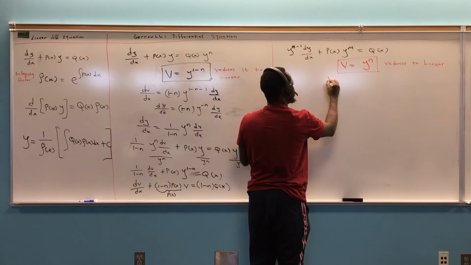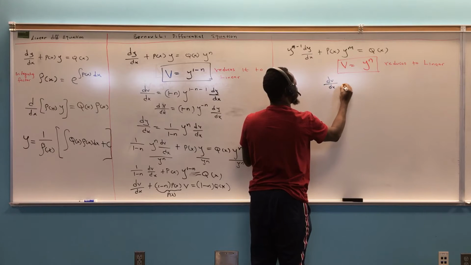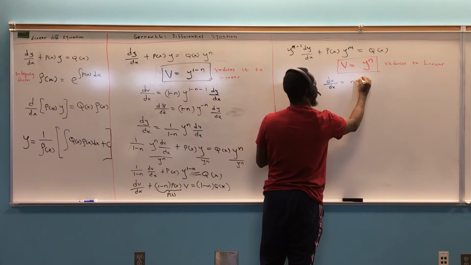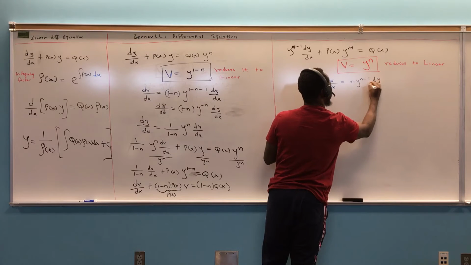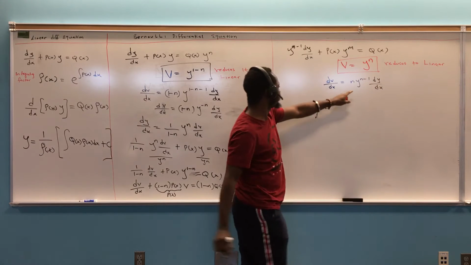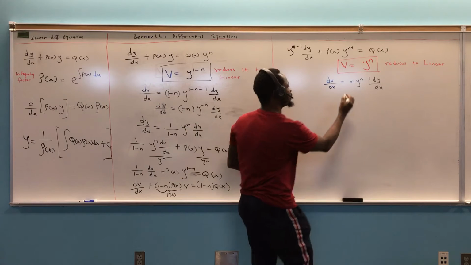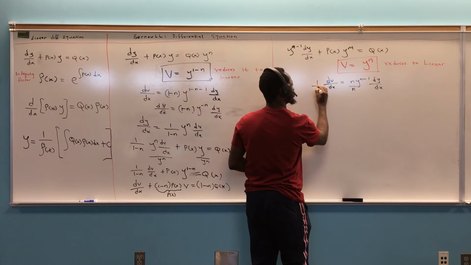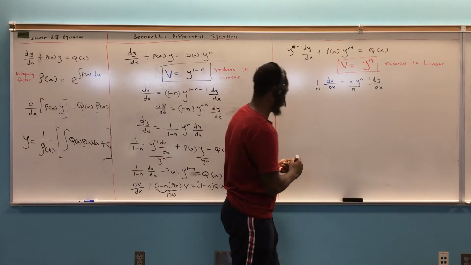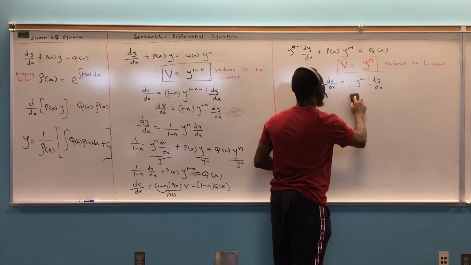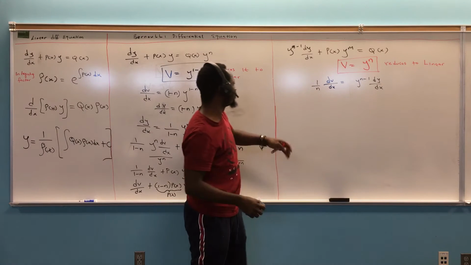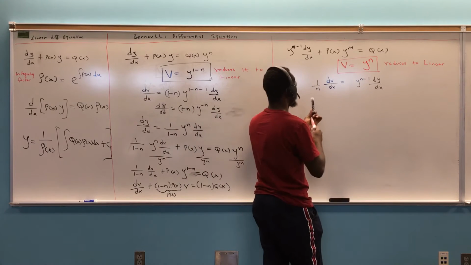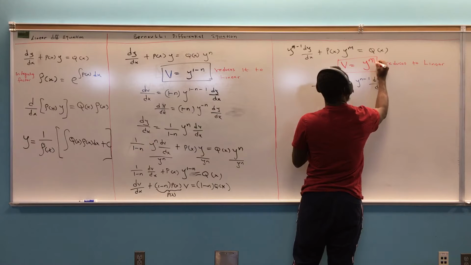So dv/dx is equal to what? m y^(m-1) dy/dx. Now, I just need to divide both sides by m, right? This goes away.